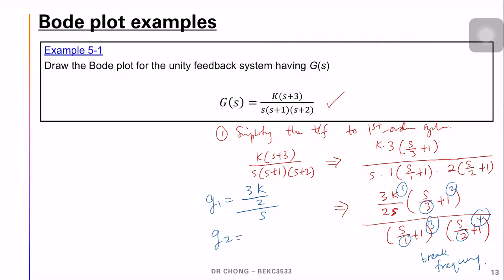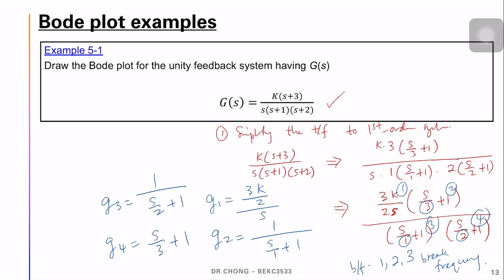So G2 equals 1 over s per 1 plus 1, because now your break frequency is at 1, 2 and 3. Then G3 equals 1 over s per 2 plus 1, and G4 is the break frequency at 3, so it's a zero. So this is the first order system.